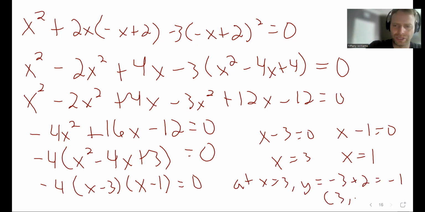So that other point is 3, negative 1. Okay? So our first point was 1, 1. We had that already, so we didn't need to find that. The one we did need to find was the other point, and that would be at 3, negative 1. Okay? One more pause, and then we'll go ahead and finish this with one more example.